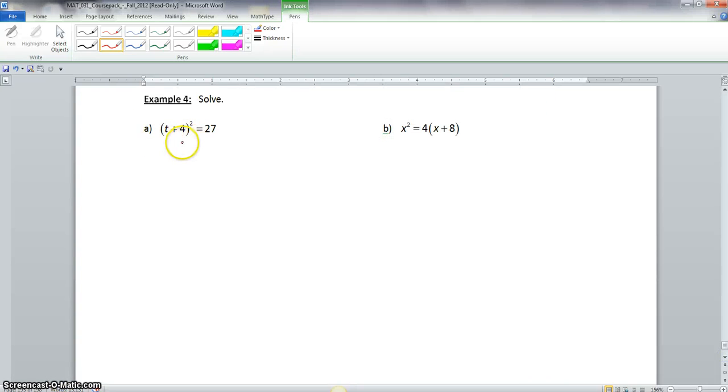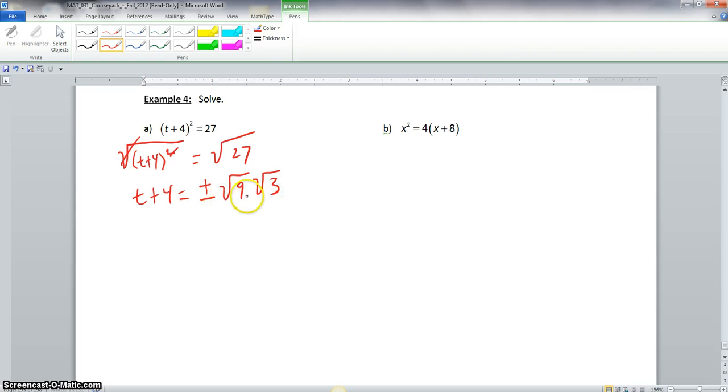Now we have example 4. We had t plus 4 squared equals 27. Since we have this, we can use the square root method, which would be t plus 4, parentheses squared, and then the square root of 27. Square root and square would simplify out, and you have t plus 4 is equal to plus or minus. The highest perfect square in 27 is 9.